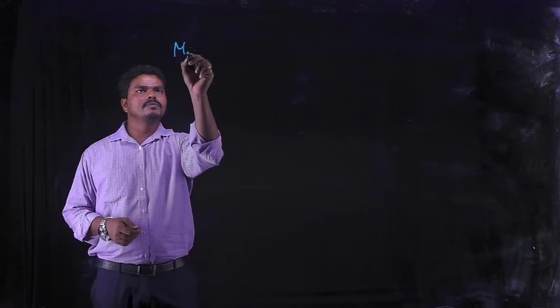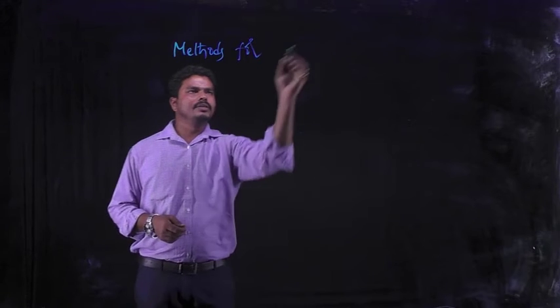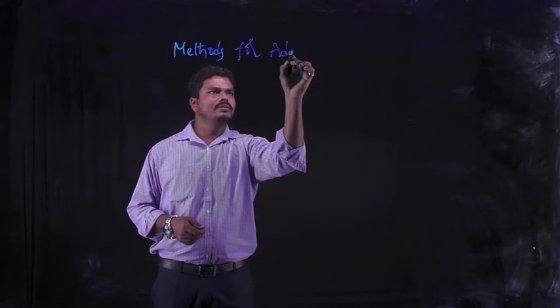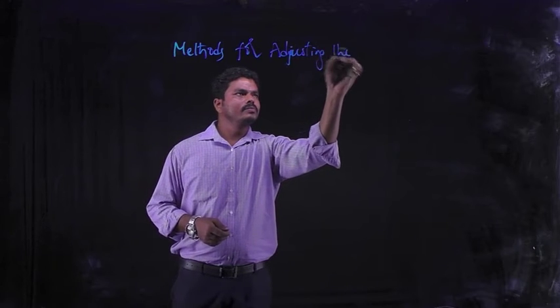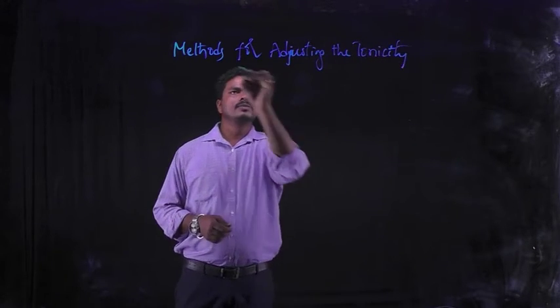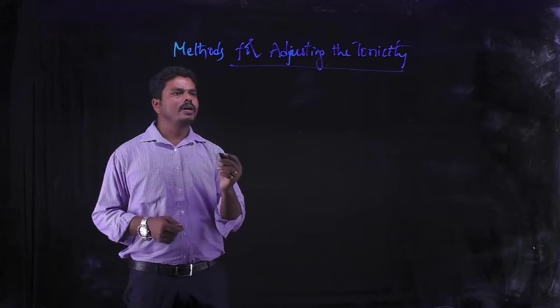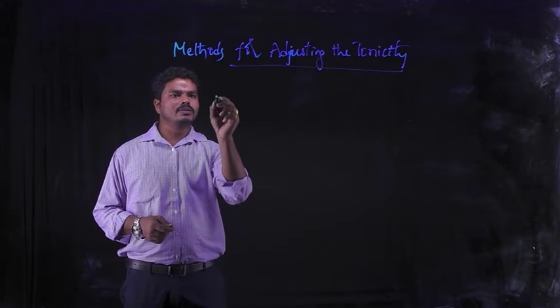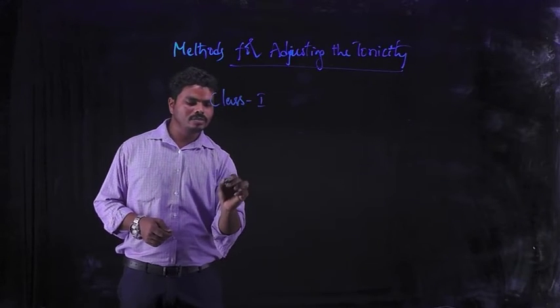Next we will see the methods for adjusting the tonicity. Here we have two classes of methods, class 1 and class 2 methods.